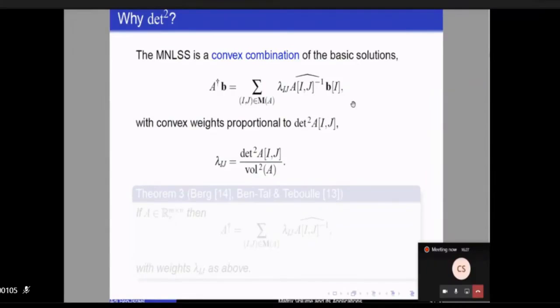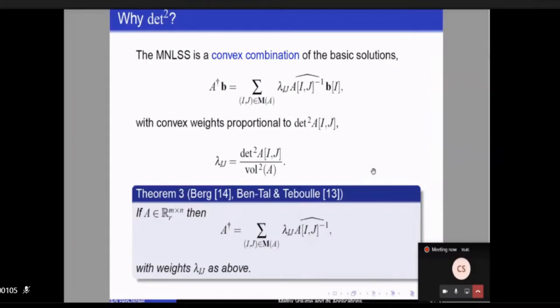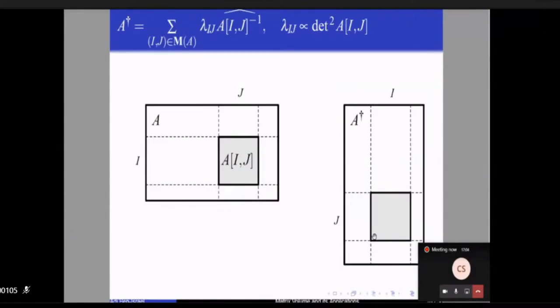The convex weights of this combination are proportional to the squared determinant of a maximal non-singular submatrix A_ij, and because the sum of them is just the volume squared, this is the weight. The corresponding result for the Moore-Penrose inverse is that it is a convex combination, with the same weights, of the inverses of the basic matrices, that is, the maximal non-singular submatrices, padded with enough zeros to make them compatible.